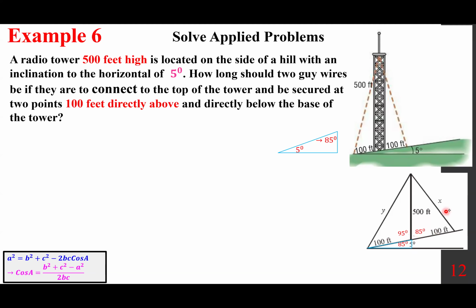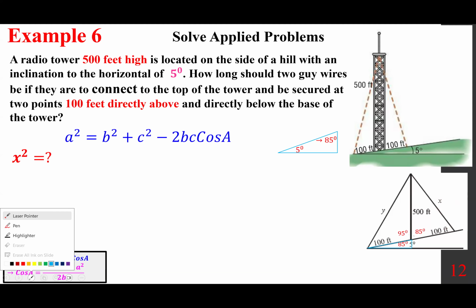Now, in each case, we can say a squared is b squared plus c squared minus 2bc cosine A. So if we are interested in x, what is x squared? Well, let's go with this one.